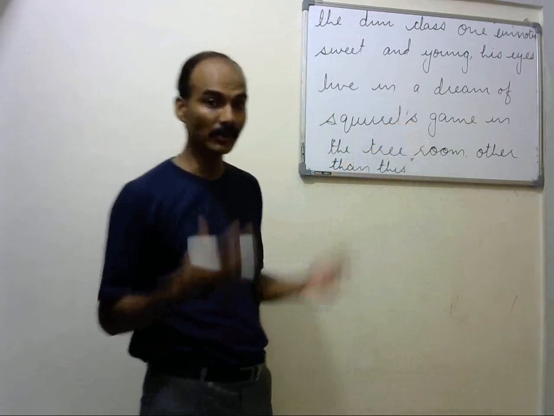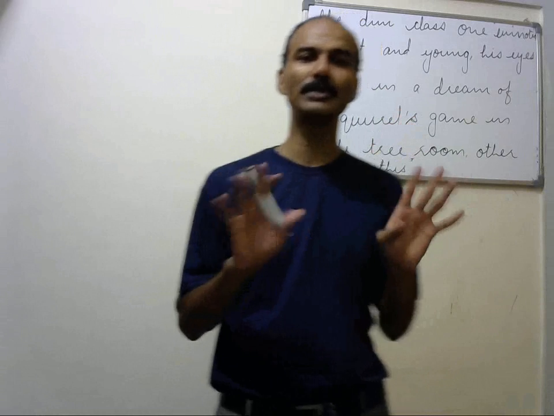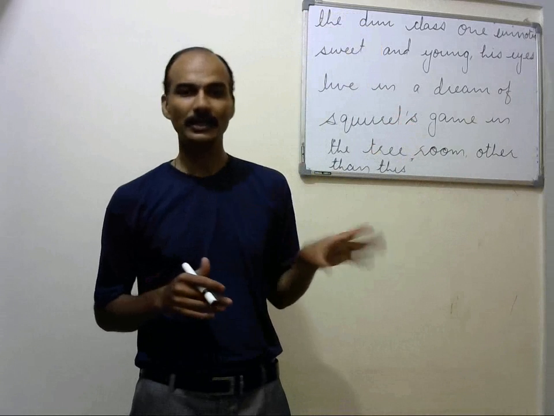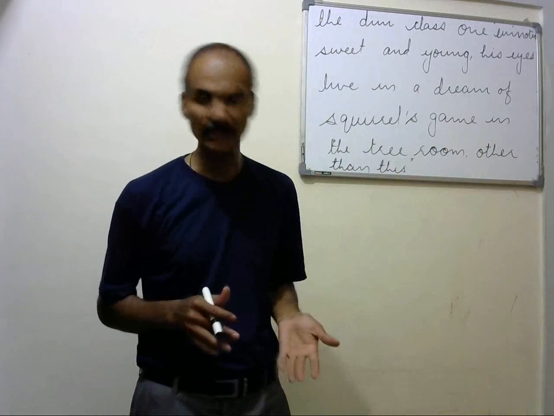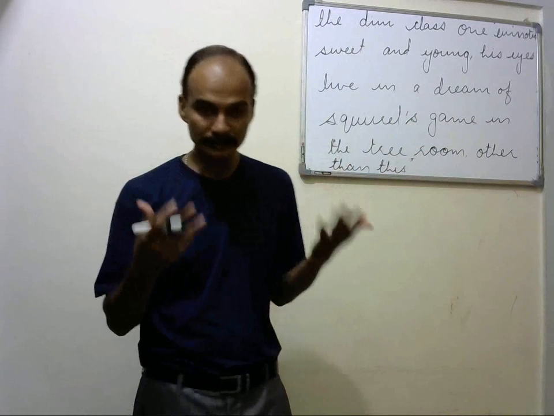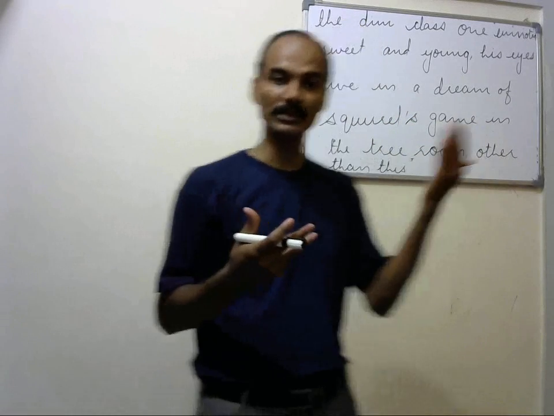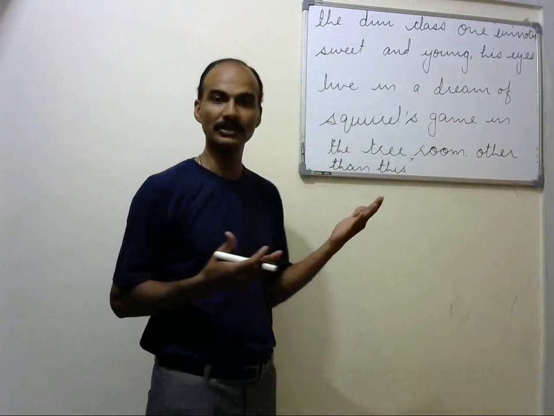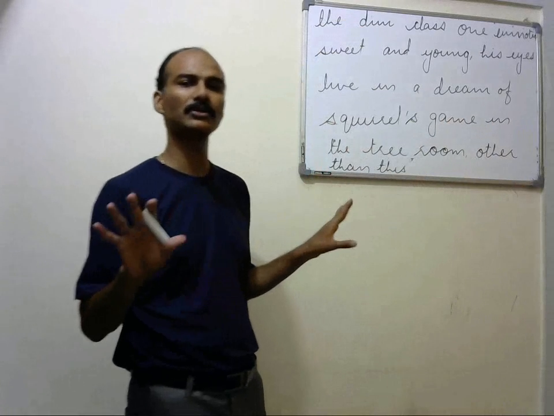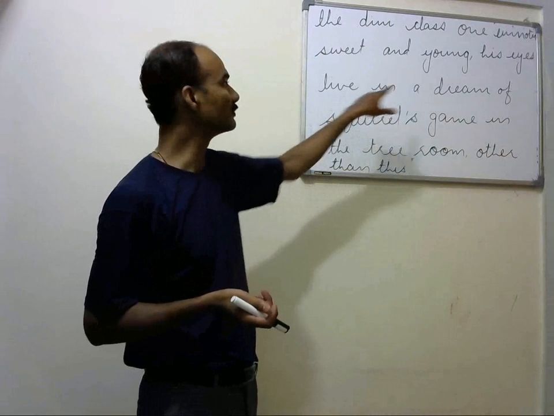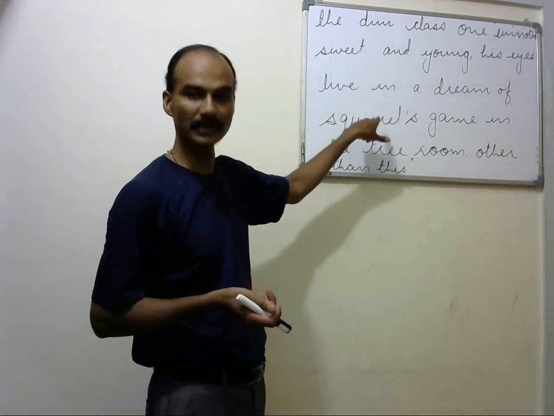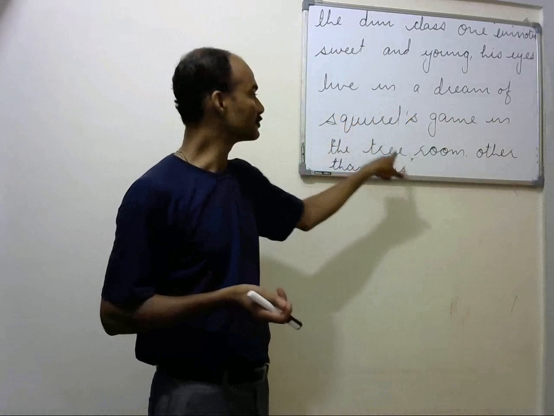That means the authorities, the teachers, don't bother about them. They don't care for these children. They don't care to teach them or look after them. His eyes live in a dream of squirrel's game in the tree room.